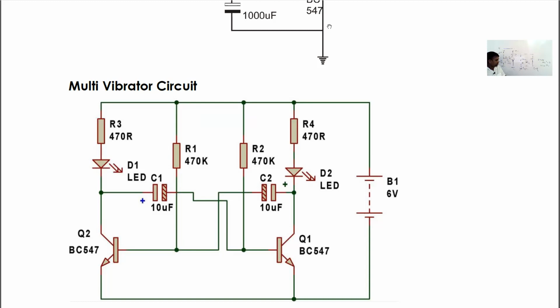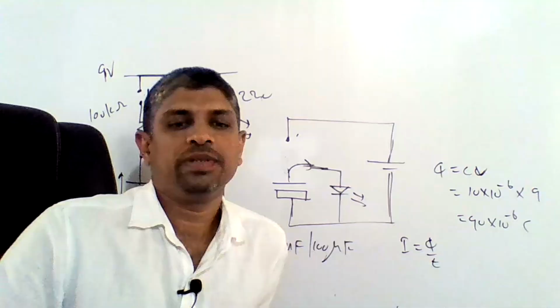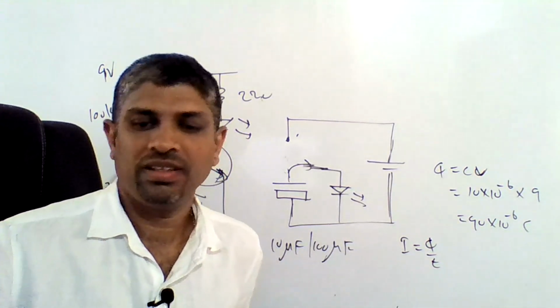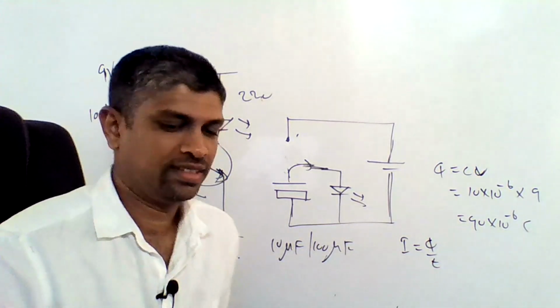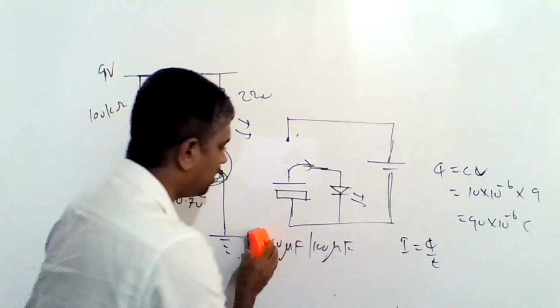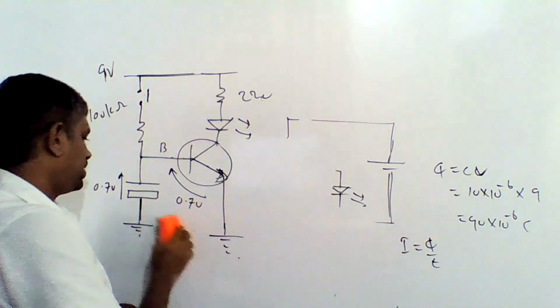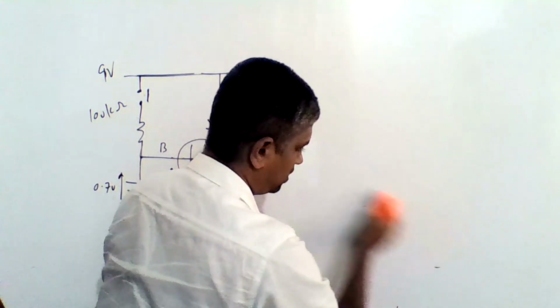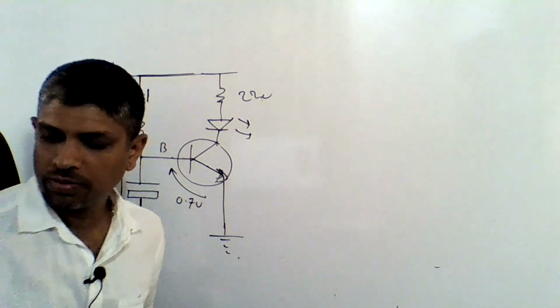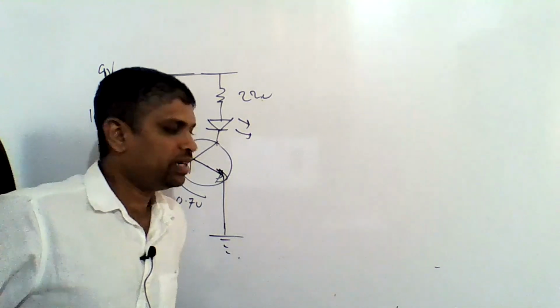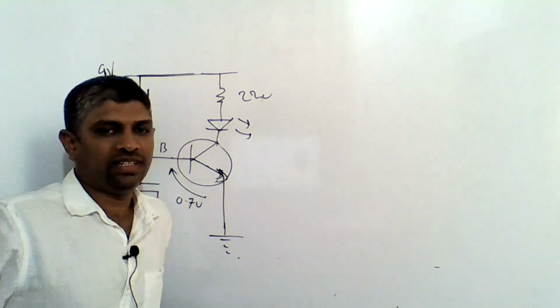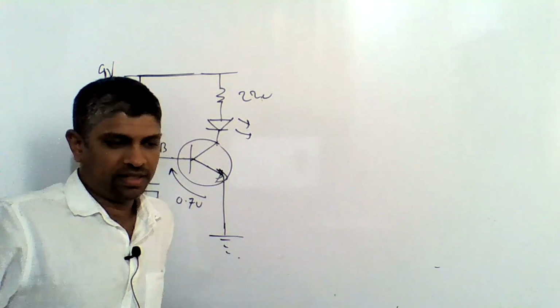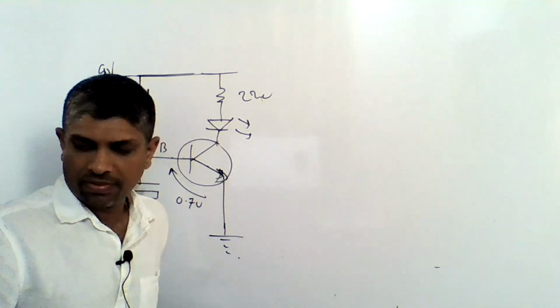The multivibrator circuit is a very simple circuit, but according to my experience, if I ask students to do this, they will not complete it. Right? Definitely, with the hands-on practical, I know that normally only 50% of the students will complete this circuit properly. There will be different faults with the circuit.